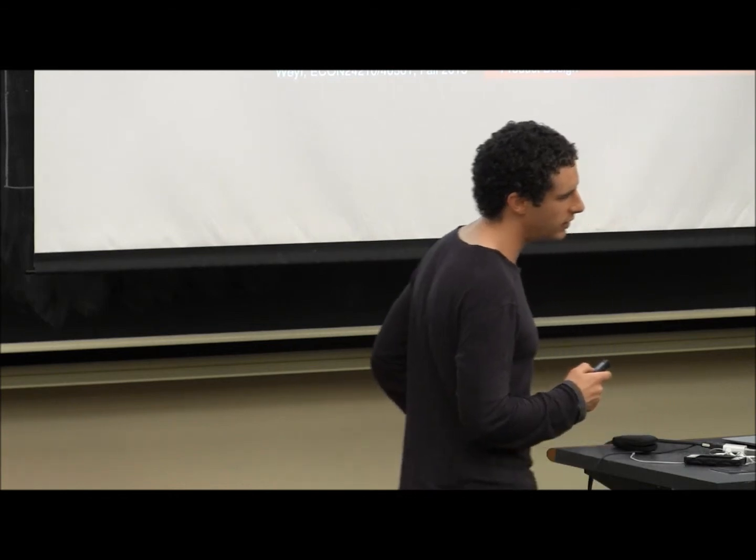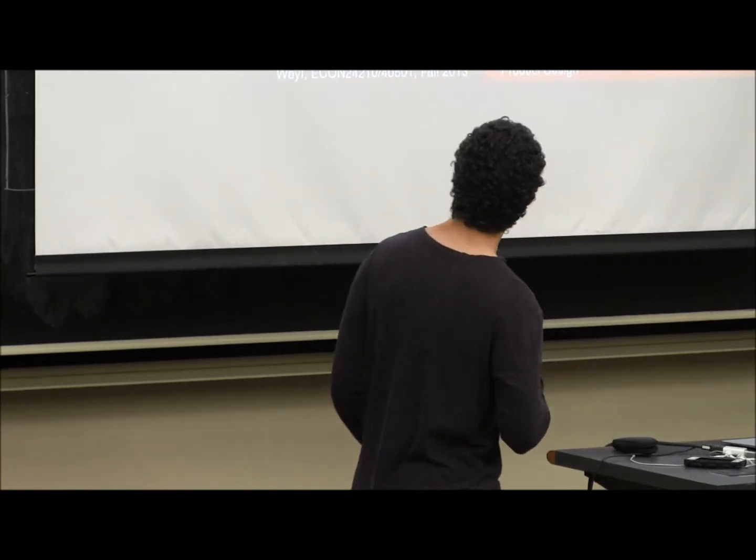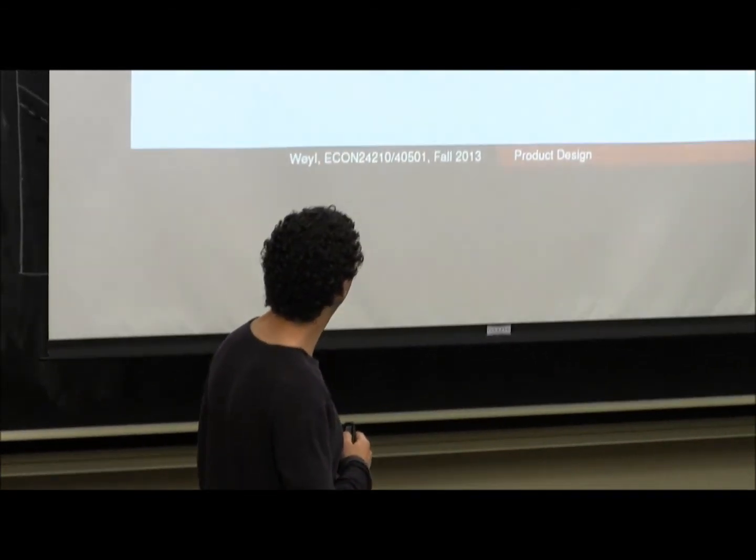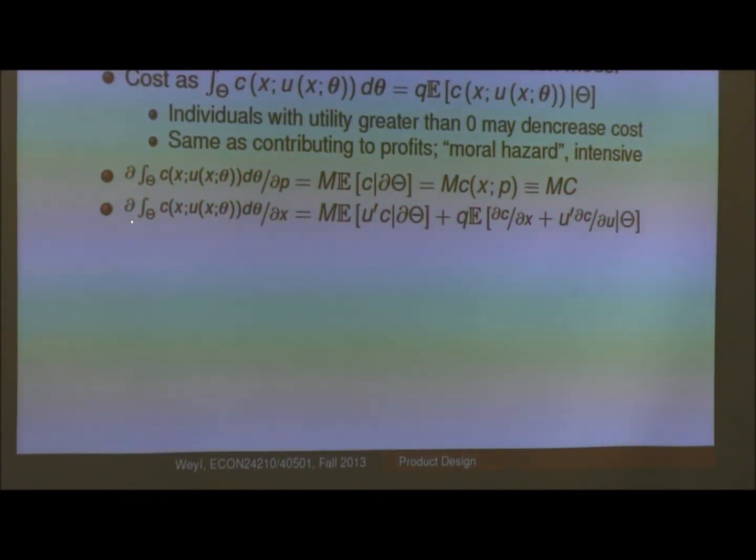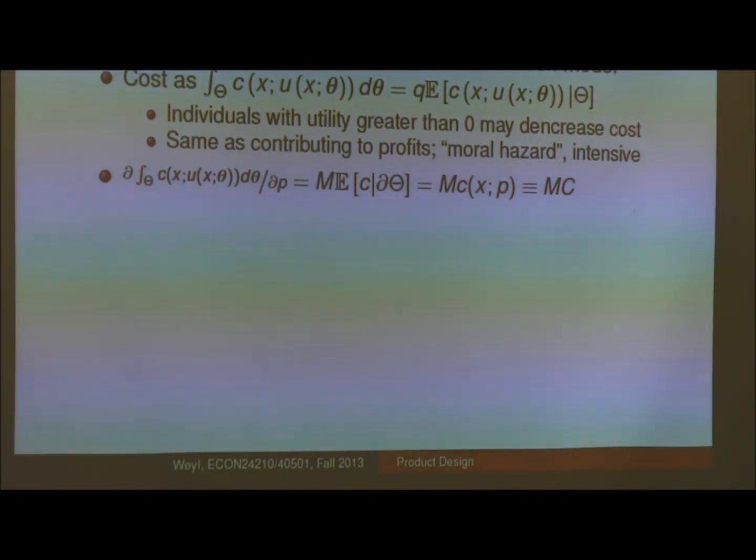Then the derivative of cost with respect to price is going to be the number of marginal people times the average cost of marginal people. That'll be true when you take the derivative with respect to price.